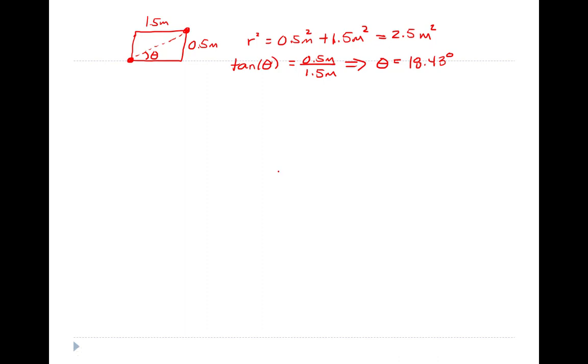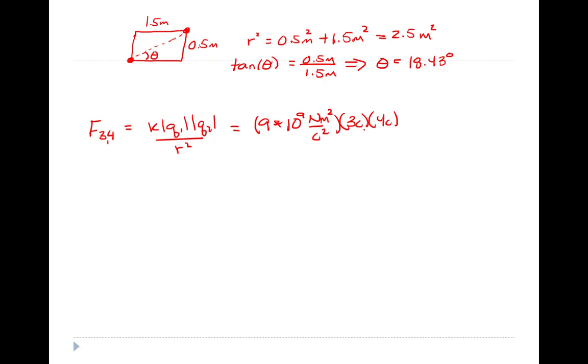Okay, so I'm now in a position where I can figure out everything I need to figure out involving the force from the 3 coulomb charge on the 4 coulomb charge, F34. So pull in Coulomb's law again, K Q1 Q2 over r squared. Write down my constant, 9 times 10 to the 9th Newton meters squared per coulomb squared. 3 coulombs, 4 coulombs.